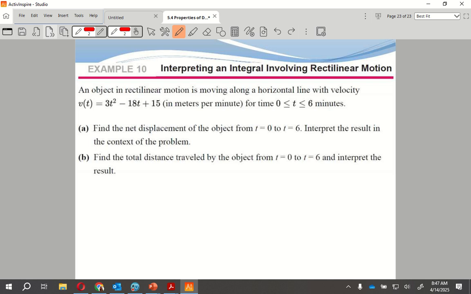So, let's start with the first one. Find the net displacement from 0 to 6 and interpret the results. So, the integral from 0 to 6 of 3t squared minus 18t plus 15 dt.